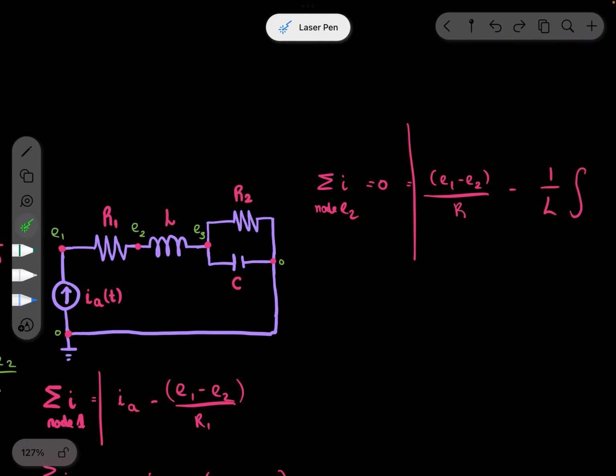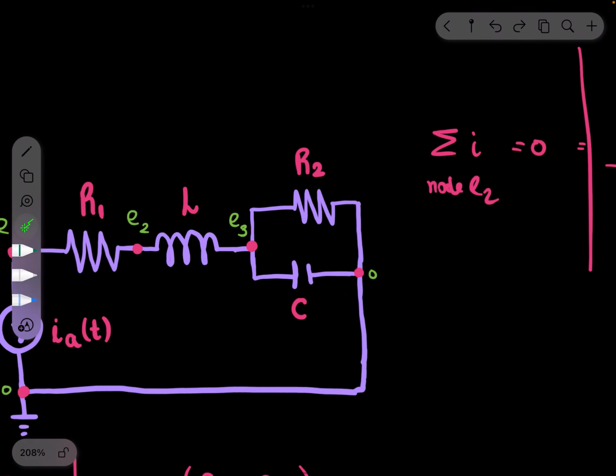So what's going on in the consumer? You have E3 and E2. So now let's write in terms of V equals IR, voltage, writing in terms of current, so voltage over resistance.